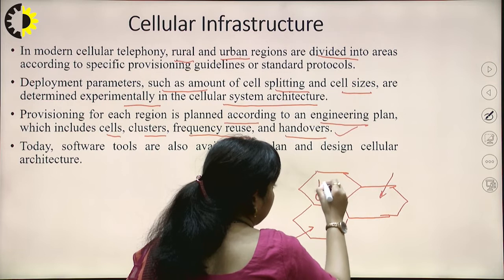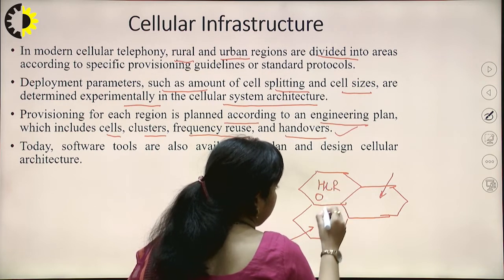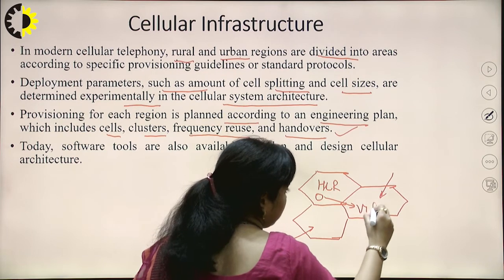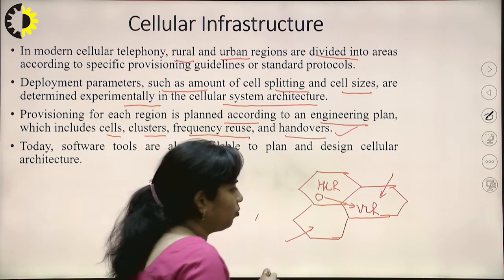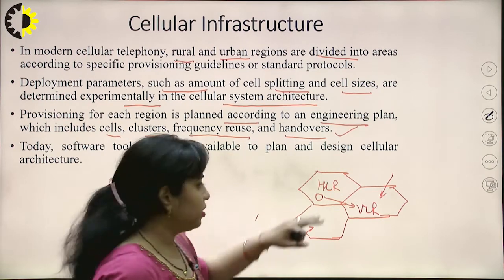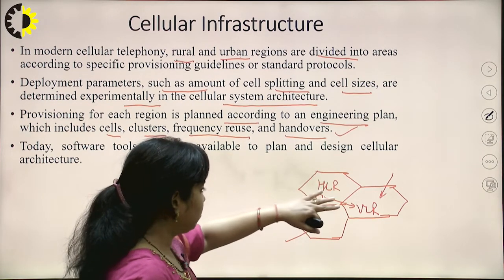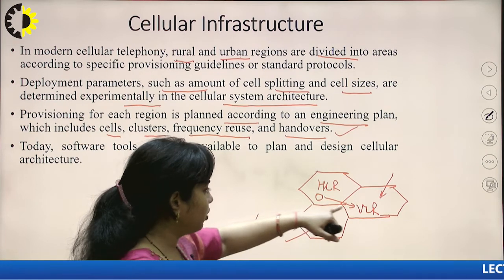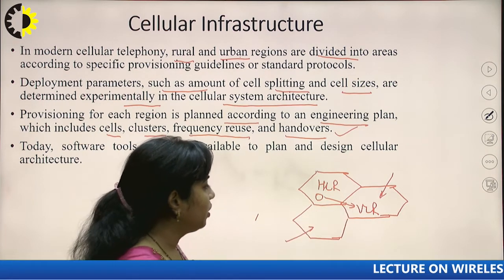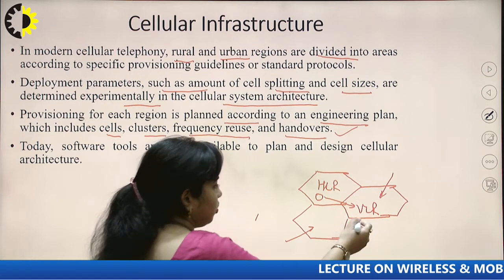This cell will act as the home location register, and when the mobile moves to another cell, that cell will act as a visitor location register for this particular mobile phone. Home location register means this cell has all the information related to this mobile phone, and the other cell has the information of the phone moving into it. That is known as the visitor location register.